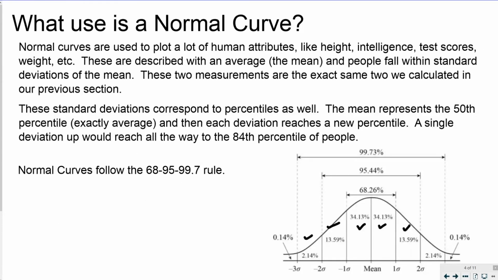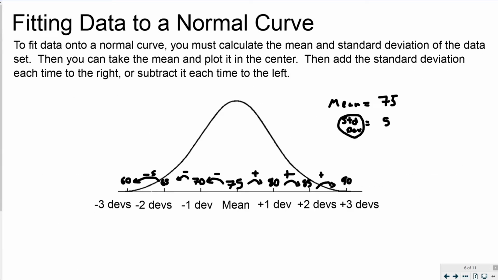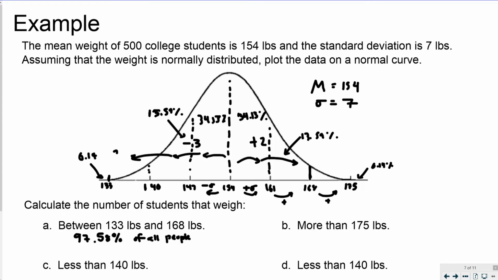The last one is 2.14%, which would be down in here and also in here. So 97.58% of all people, which I'm going to then multiply times the 500, and that will tell me the proportion of people.